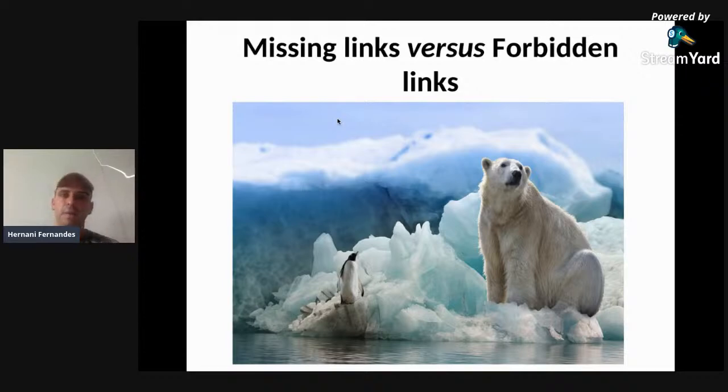So if this is not happening simply because you have never sampled enough interactions in order to be able to catch this interaction, or if it's a forbidden link, or it's something that you have never observed simply because they never actually occur in the wild for many different reasons, such as the case of the polar bears and the penguins. They will never be able to interact naturally in the wild simply because they don't co-occur at the same place at the same time in order to be able to have any kind of interaction.